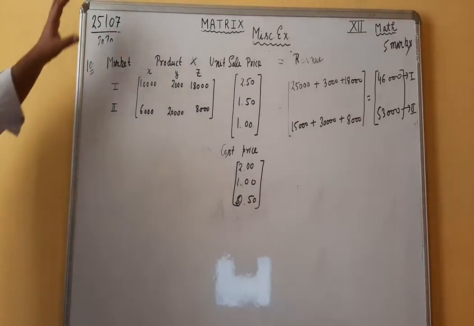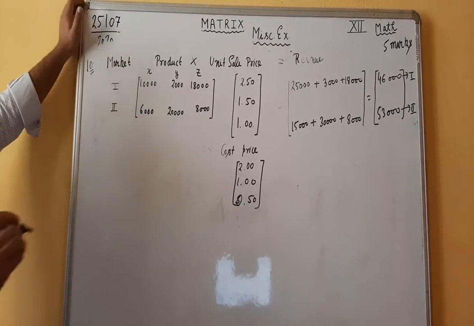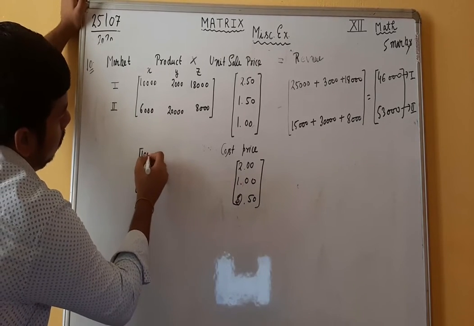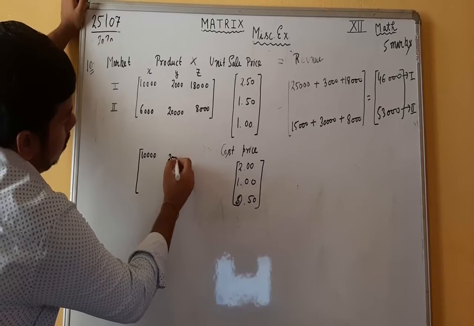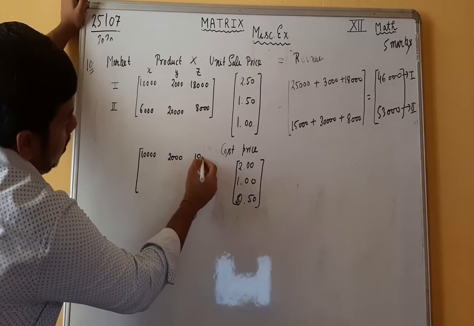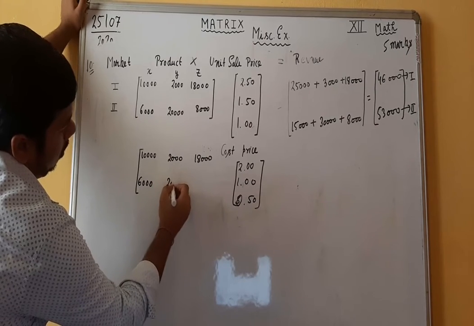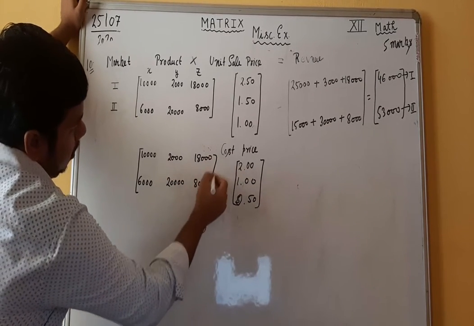To find the gross profit, first of all we have to find the total cost. To find the total cost, we multiply the number of products by the cost per unit. 10,000, 2,000, 18,000, 6,000, 20,000, 8,000. Just multiply this.